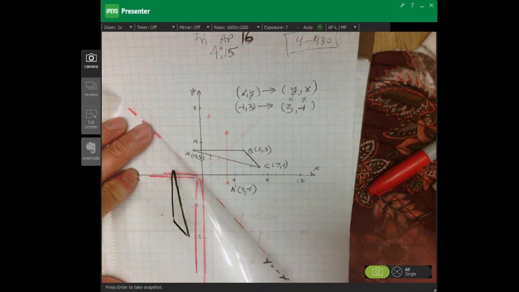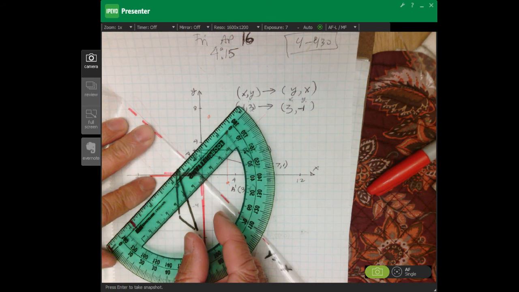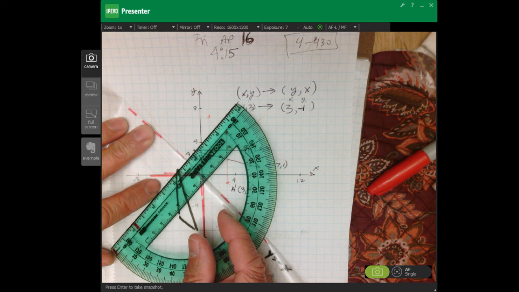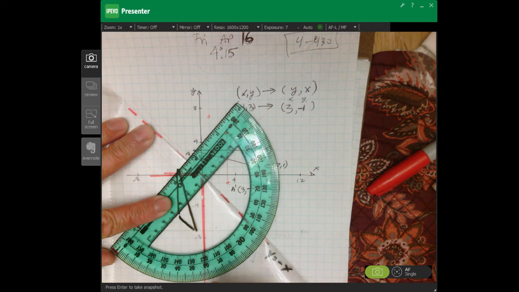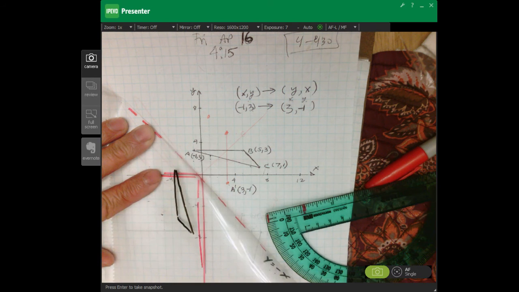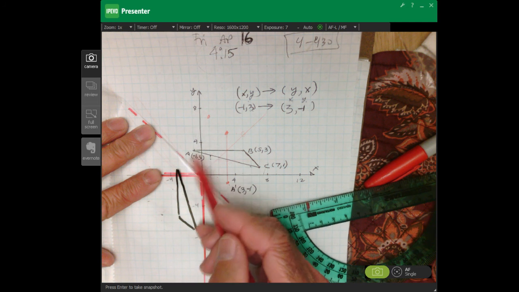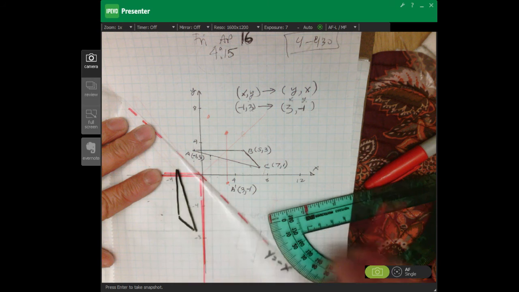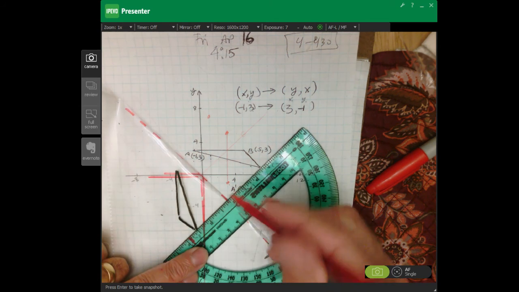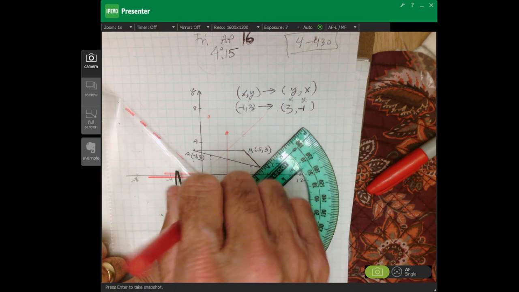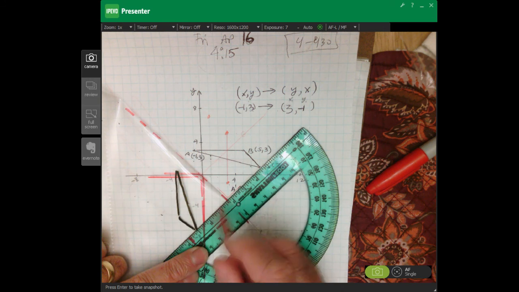Now, if you look at it closely, you should see that it forms a 90-degree angle with the line of reflection, and it's the same distance on either side from the line of reflection. It doesn't matter which pair of points you're looking at. A 90-degree angle right here. This distance right here, same distance as this.